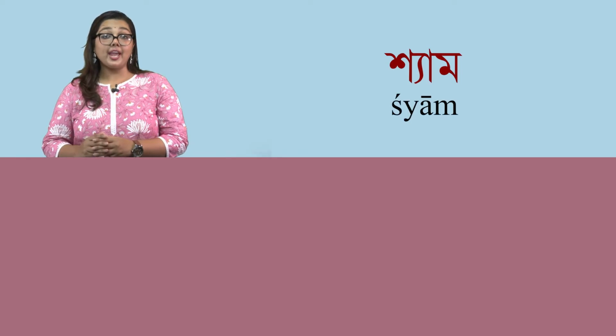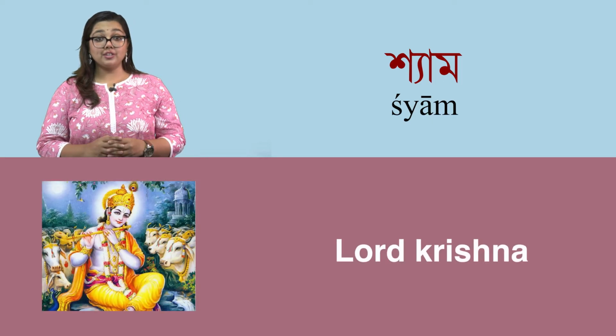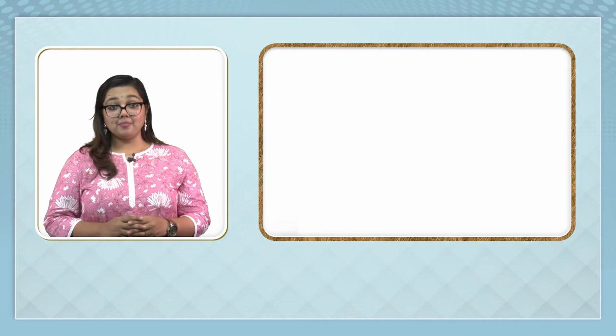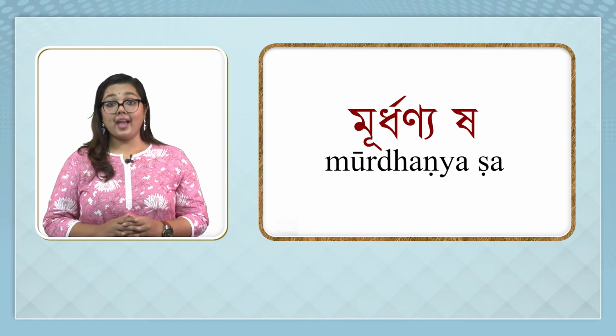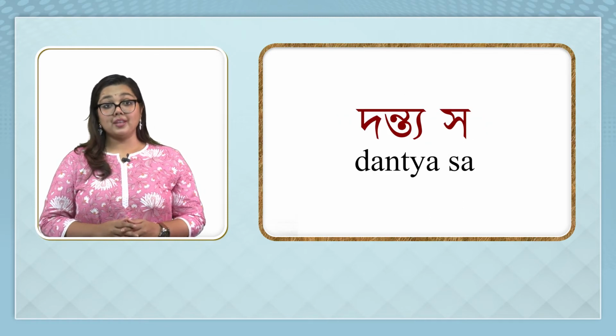There are 3 alphabets in Bangla which correspond to a sa-like sound. All these have the default pronunciation of Sha, like in Shyam, which means Lord Krishna. They are Talobbo Sha, Murdhanya Sha and Donto Sha.